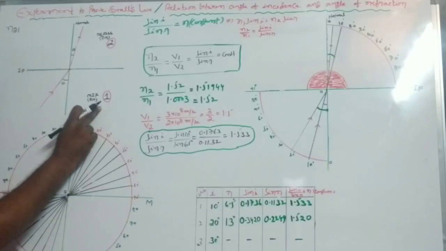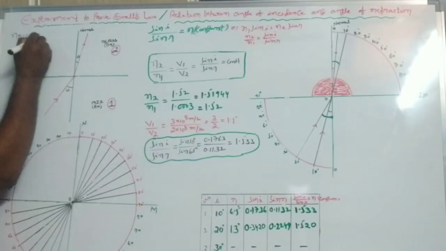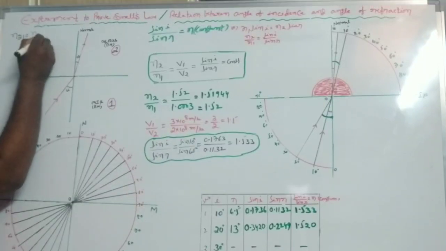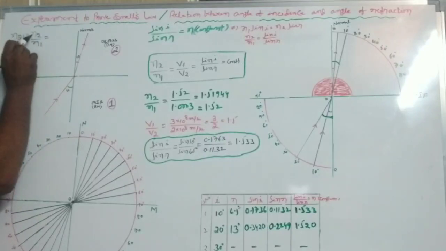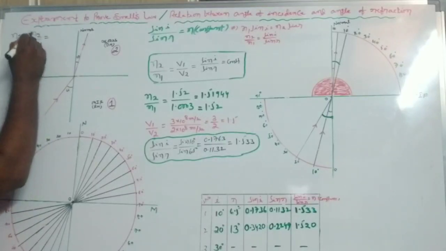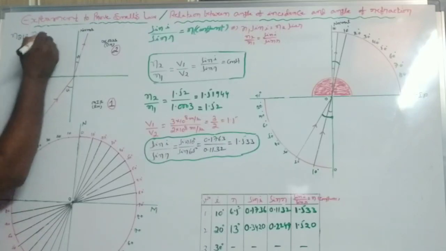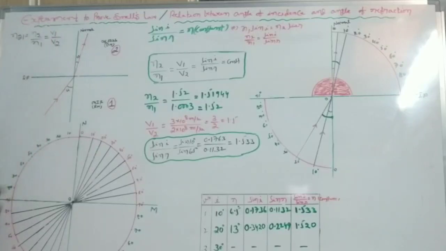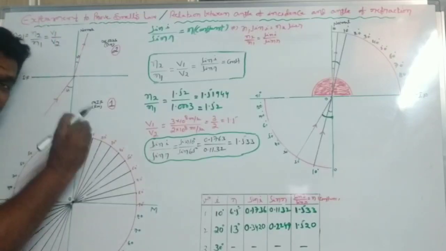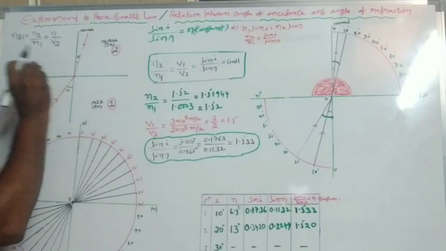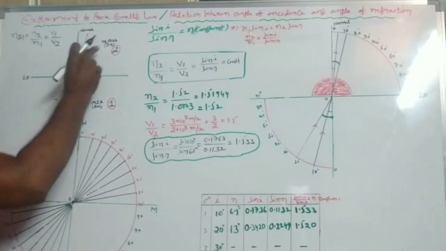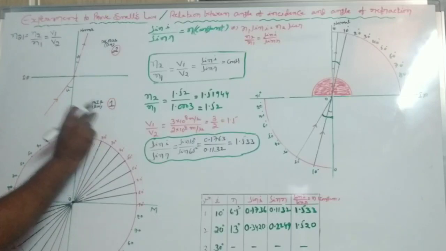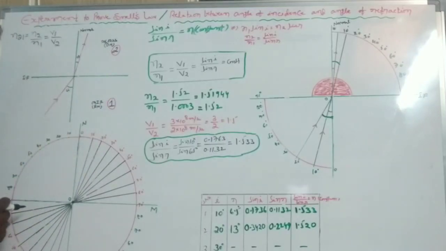First medium is air. n2 by n1 equals the speed of light in medium 1 by the speed of light in medium 2. This is the relative refractive index of the second medium with respect to the first medium.